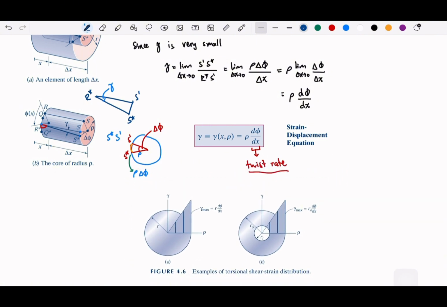As an example, if we have a solid bar like this, we are going to have all possible strain in every point. And of course, in the outer part, this will be the maximum shear strain.